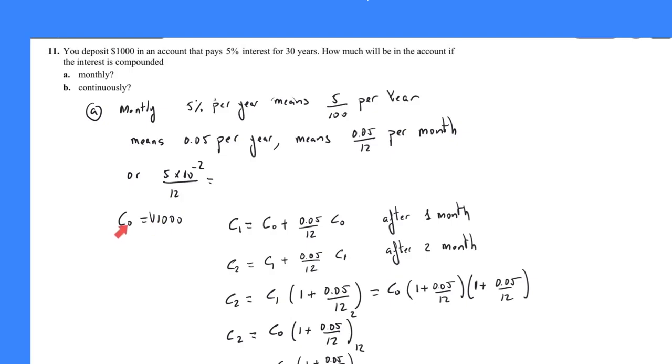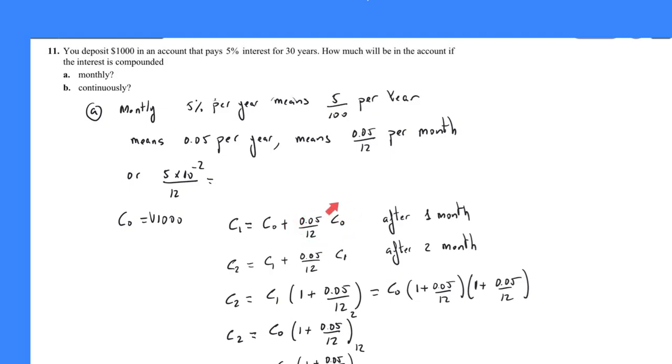This is your initial amount of money. Sorry that I called it C0. I should have called it M0. Sorry, it is the initial amount, the quantity of money that you have. So after 1 month, the amount of money that you will have is the previous amount that you had, the 1,000, plus the earning of interest.